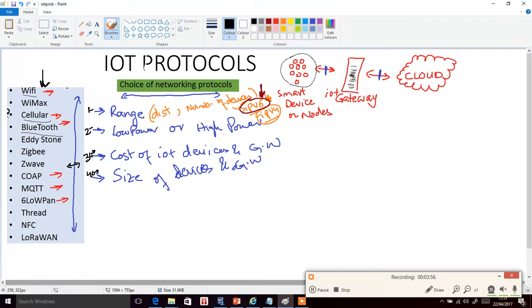So instead of starting with Wi-Fi or cellular, Bluetooth, etc., because many people already know this, we will try to explain these new IoT protocols first.